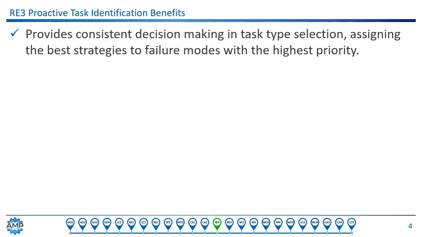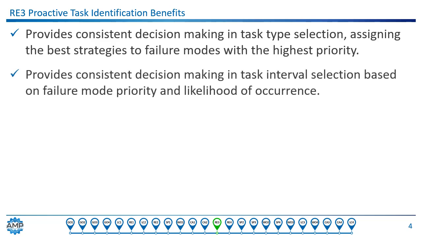Just like defining what is an asset defines the scope of the asset management program, defining what is the correct proactive task is defining the scope of the proactive maintenance program. Task identification ensures the most effective tasks are assigned to the most critical failure modes. Task interval selection provides means to ensure high-priority failure modes aren't missed when they are about to occur or are in progress.